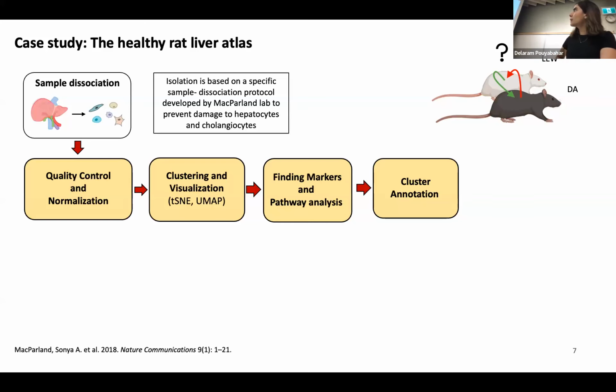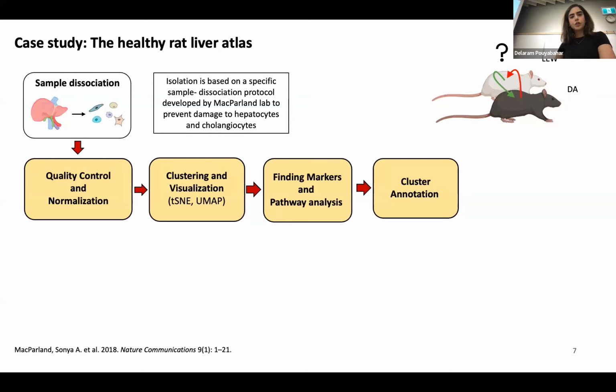Two of the main strains that are used for modeling transplantation processes and rejection and tolerance are Lewis and Dark-Agouti strains. So basically, they wanted to know what's the difference between Lewis and Dark-Agouti, because throughout the transplantation, these rats tend to behave differently. So that was the biological question that we wanted to answer.